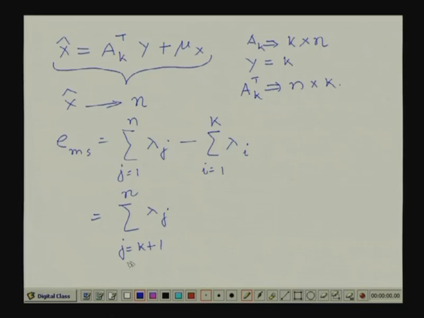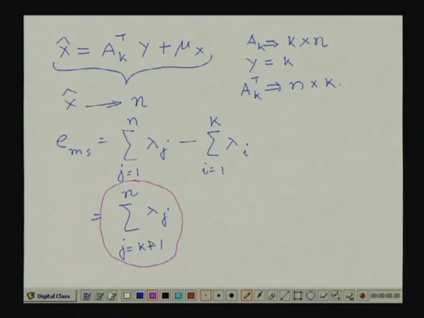So, you find that this mean square error, this term that we have got, you remember that while forming our transformation matrix A_k, we have considered k number of eigenvectors of matrix C_x, and these k eigenvectors correspond to the largest eigenvalues of matrix C_x.